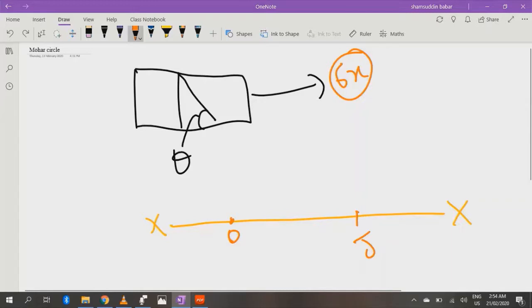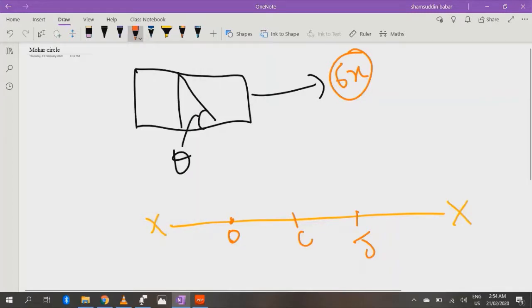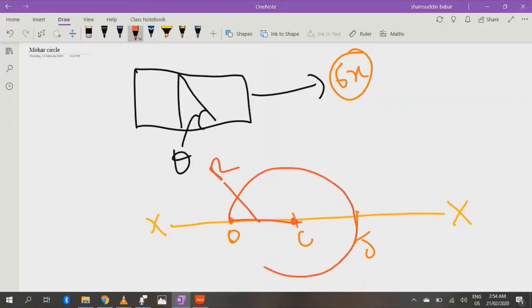We will bisect it at point C. Bisect means making it half. After we have this half, we will draw the Mohr circle with radius equal to this line. So this is our point O. Placing the compass here, we will draw the Mohr circle like this.